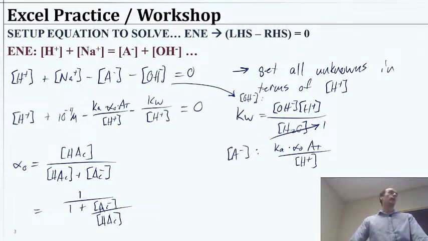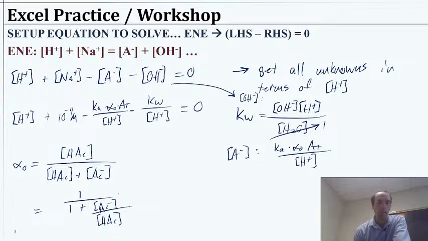And here's where, since we have that ratio between HAC and AC minus, we can insert our equilibrium constant information to transform it into H plus and the equilibrium constant. Because anytime we have those two compared to each other, we also have an equilibrium between the two, right? And we can make that comparison.